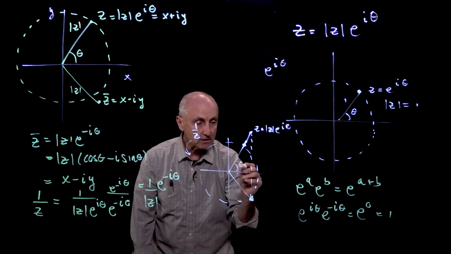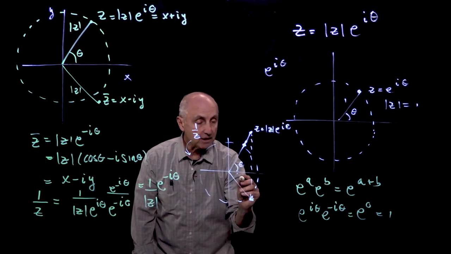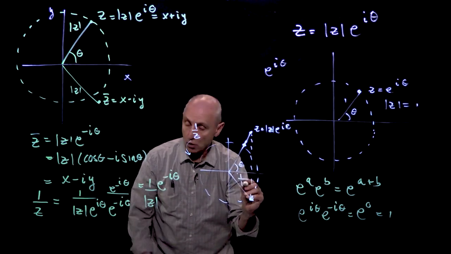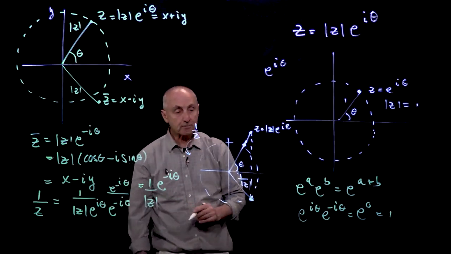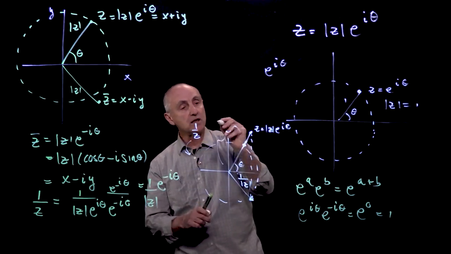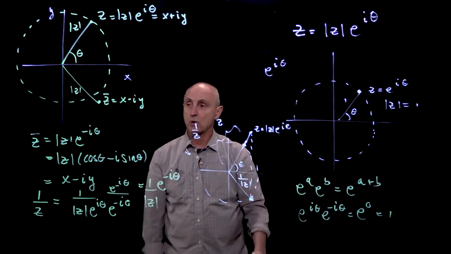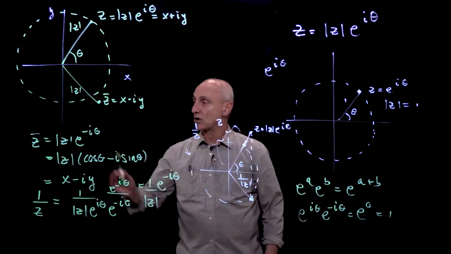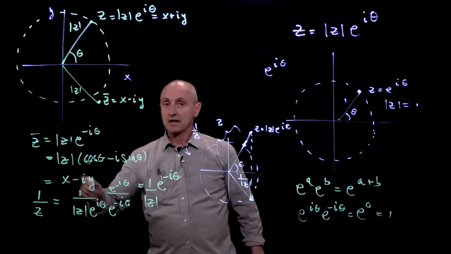So here's theta. When we go downstairs, that's minus theta. And the radius of the circle is 1 over the modulus of z. So whereas the number z has radius equal to the modulus of z, the inverse of z has radius 1 over the modulus of z. So those are the different representations for a complex number, its conjugate, and its inverse.